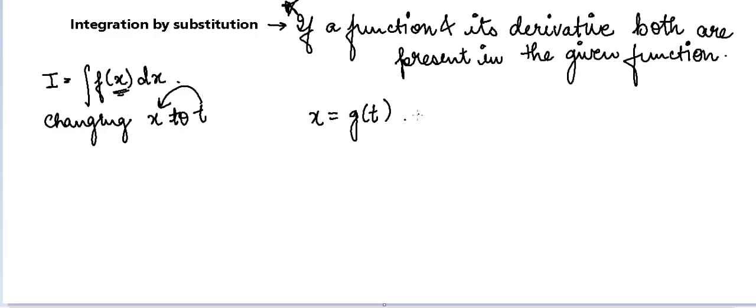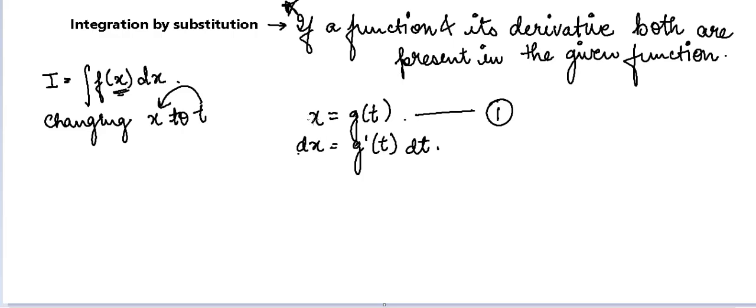This is a second function. Now if you differentiate both, you will get dx is equal to g dash t dt.